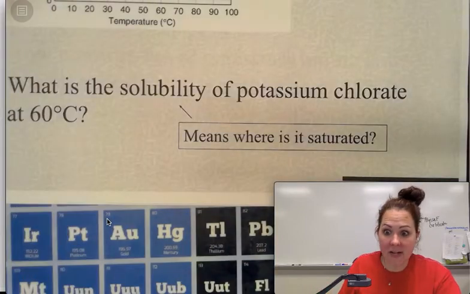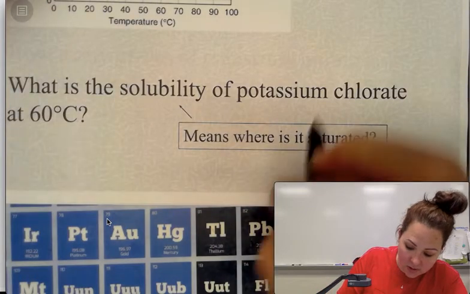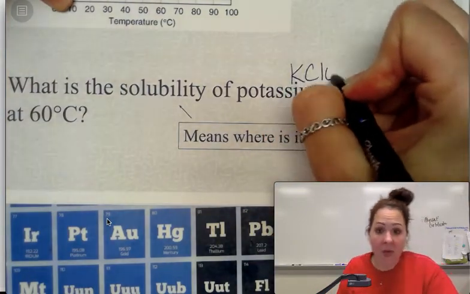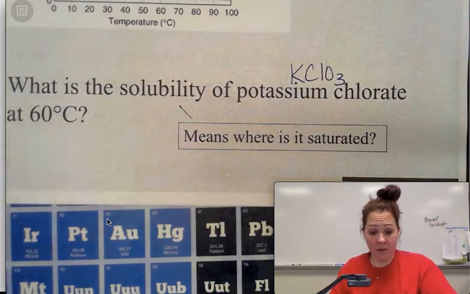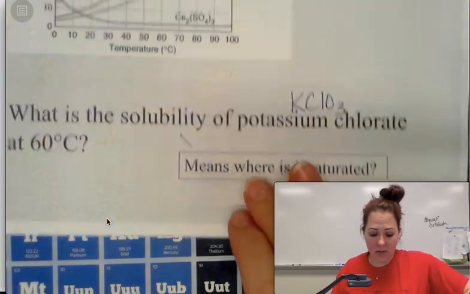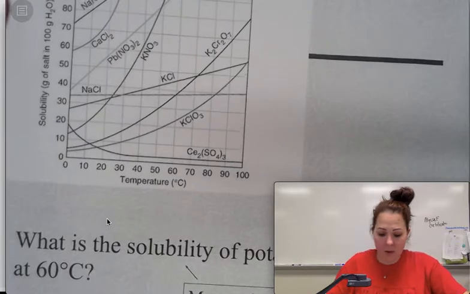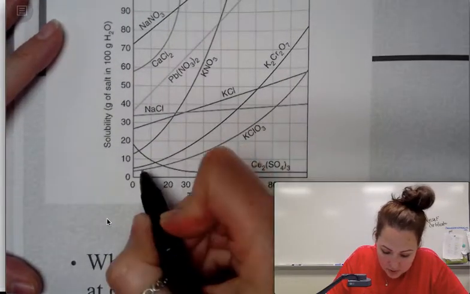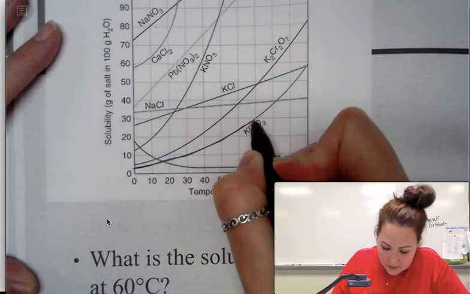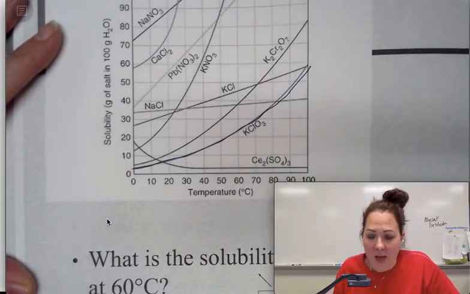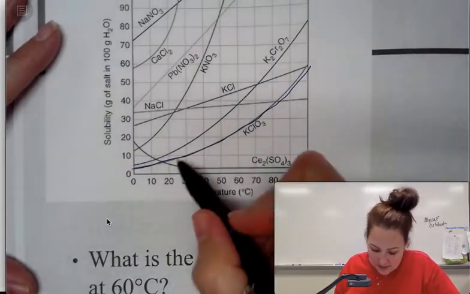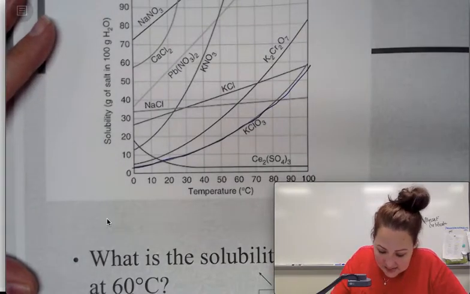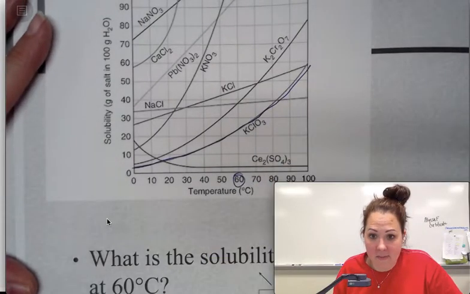I need to know what potassium chlorate is. Potassium chlorate is KClO3, so that is the only line I'm going to look at. When I look at my graph, I have my potassium chlorate line, which is this one right here. I didn't trace that very well, but that's okay. I'm only reading it at 60 degrees Celsius.